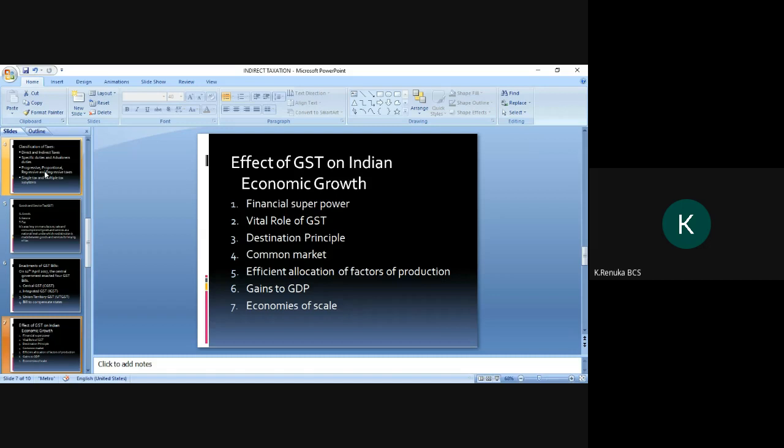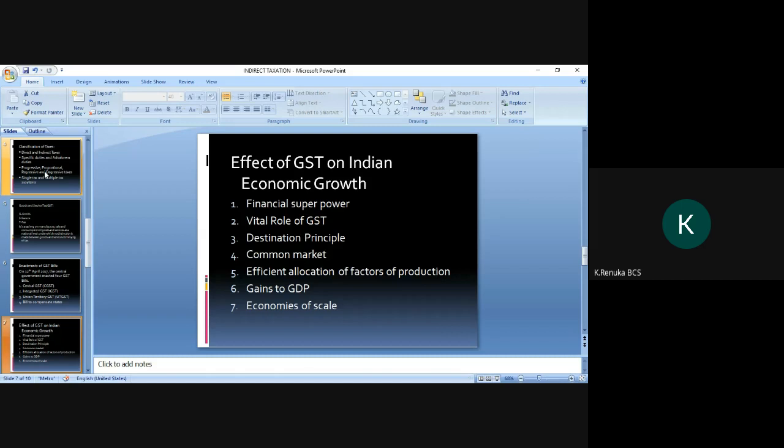So GST has clearly mentioned that for only a particular portion of goods and services, you have to pay a particular rate of tax. Other than that, there is no tax you need to pay other than the rate fixed by the government.